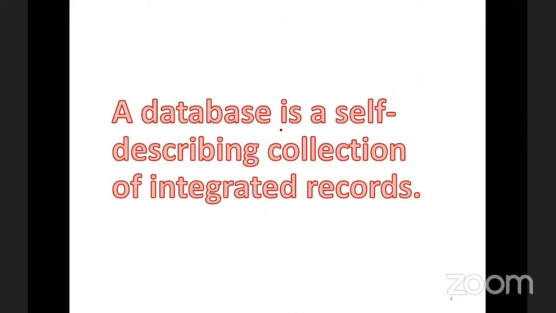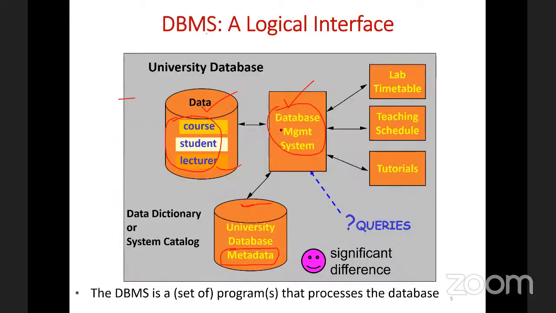Now, let us talk more about the database. Database management systems, as I told you, are programs for various purposes. If you want to interact with the database, just go to the previous slide. Anyone who wants to interact with the data can do so through the DBMS only.